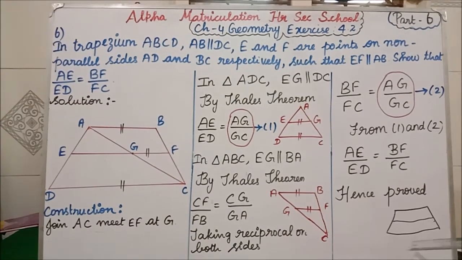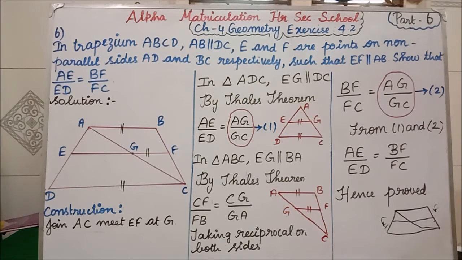Students, see the diagram here. According to the question, if we draw, we only get this trapezium alone. Can you draw a triangle in this trapezium? No. So for this trapezium, we are joining A to C. When we join, we have EF.